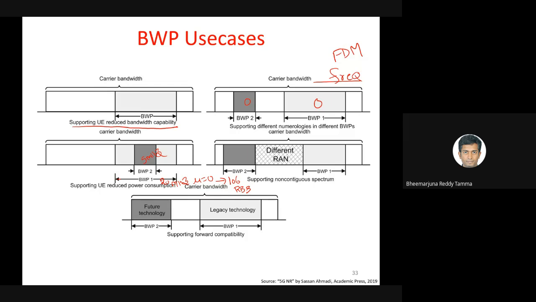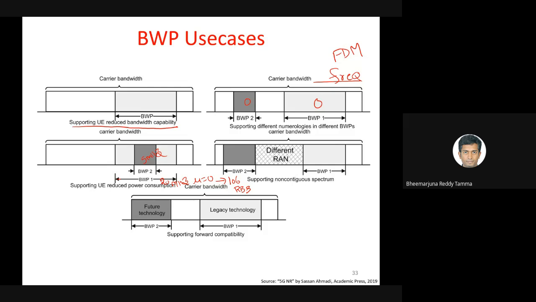What this example is showing is, after a while, let's assume that hardly any traffic is coming to the user, and the network is in very off-peak hours. So why ask the user to listen to the entire channel bandwidth? You can ask the user to listen to only 5 megahertz.